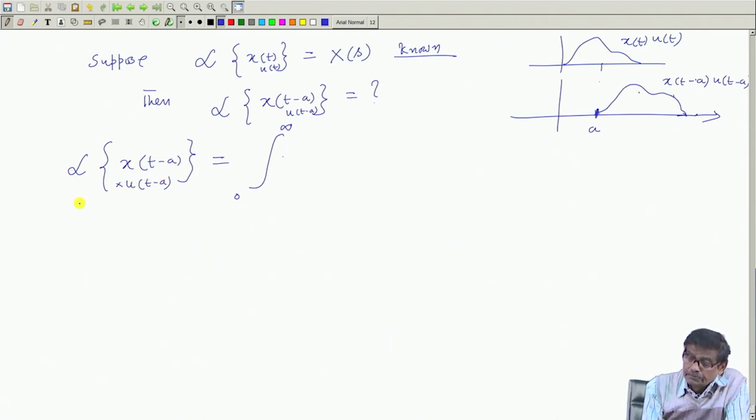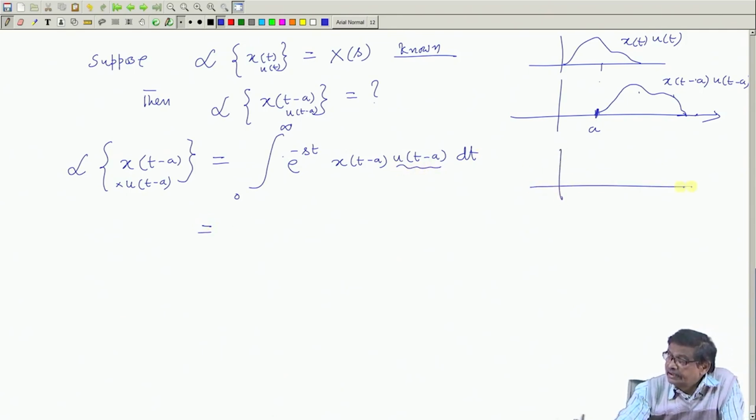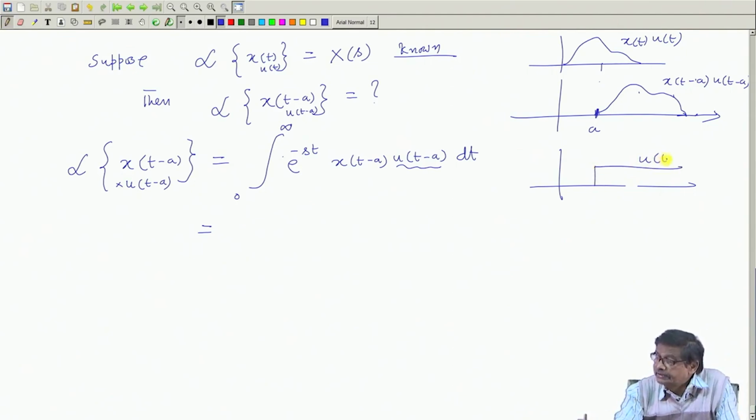So, what does this mean? It means the integral of e to the power minus st into x(t minus a) into u(t minus a) dt. This integral I have to calculate. Obviously, u(t minus a) for t less than a is 0, is it not?